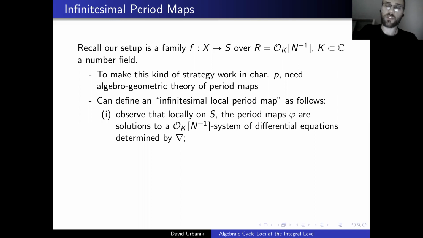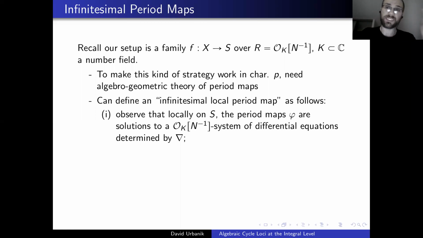The way you get that system is by fixing some frame on the algebraic vector bundle which is compatible with the filtration. Then you differentiate that frame and you get a system of differential equations that describes how to change that frame into a flat frame. And by writing down that period matrix, basically, you can construct a period map.